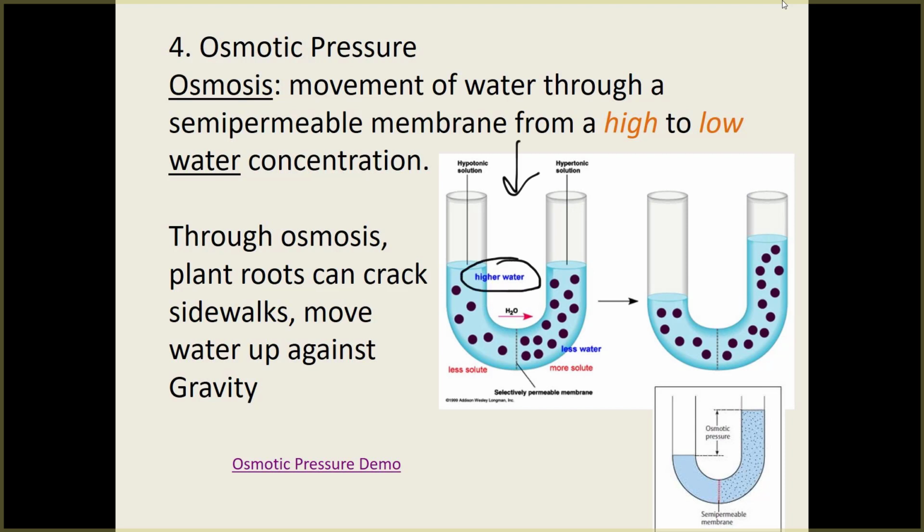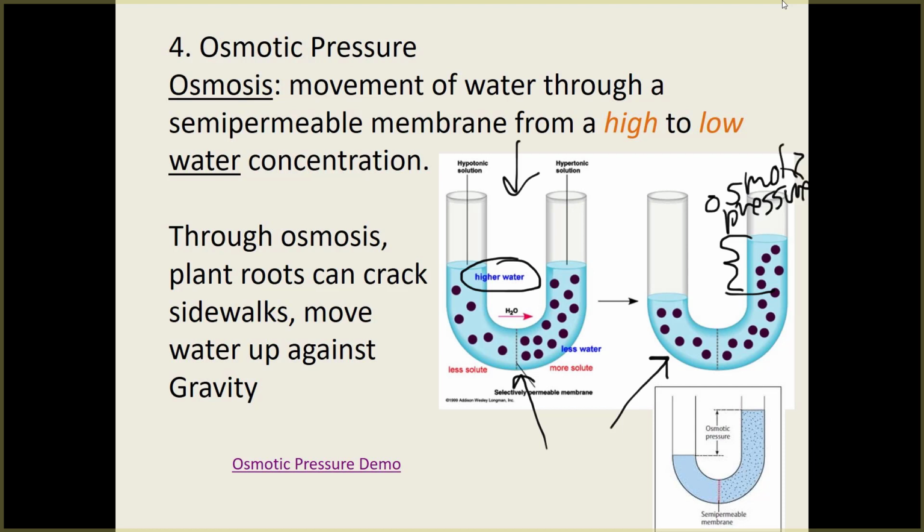And so the water is going to flow through my membrane right here from high water to low water. And so I'm going to end up with equal percent of water on either side when all is said and done. So this difference right here that it went up, this is called the osmotic pressure.